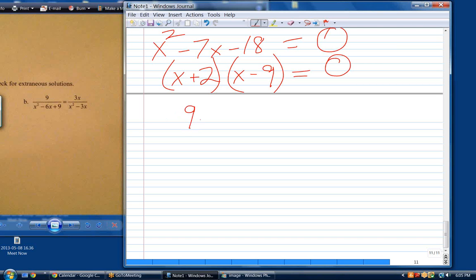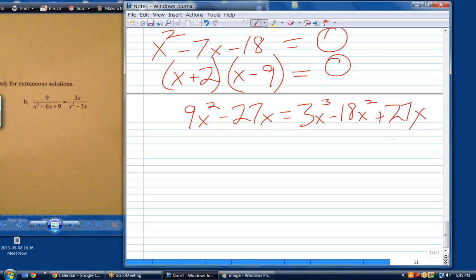Nine x squared minus 27x, and then 3x cubed minus 18x squared plus 27x.